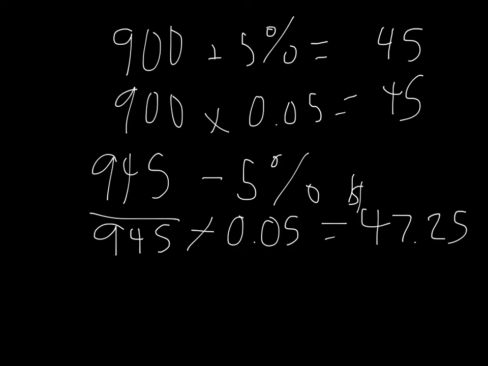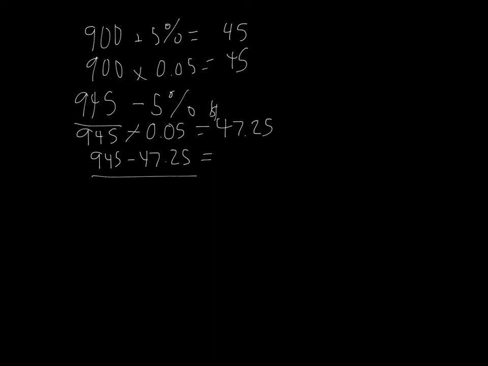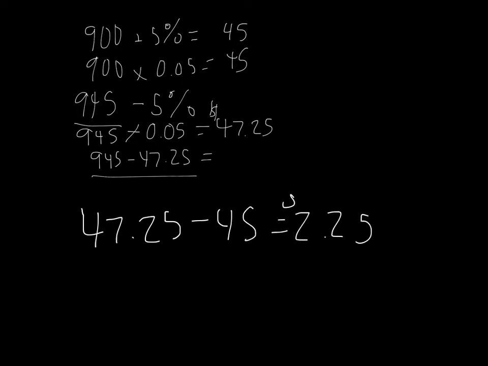He ended up removing 5%. So now it's going to be $945 minus $47.25. But you don't even really need to do this calculation, because all it's asking you is how much did you lose. So I added 45, but then I took away $47.25. So it's going to be a $2.25 loss compared to what it was before.